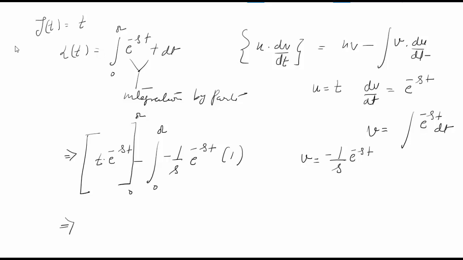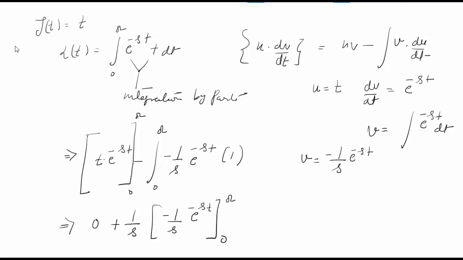The first term becomes 0 when you evaluate it, and minus of minus gives plus 1 upon s times the integral of e raised to minus st, which is minus 1 upon s into e raised to minus st from 0 to infinity.